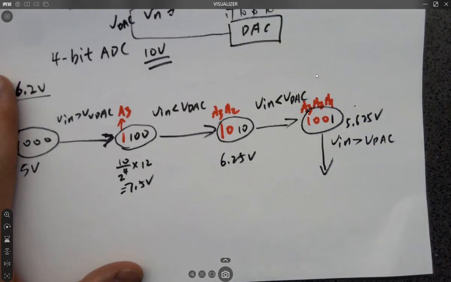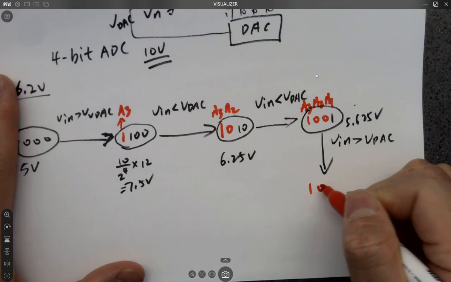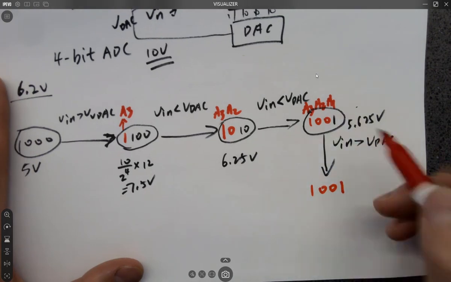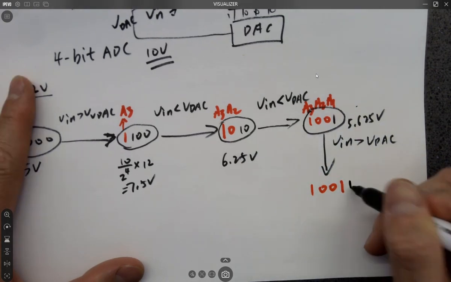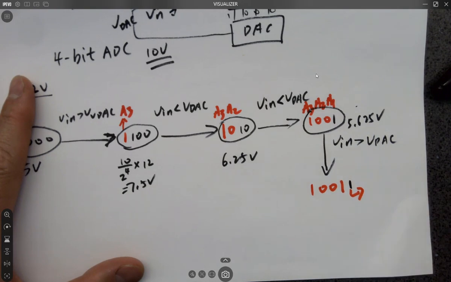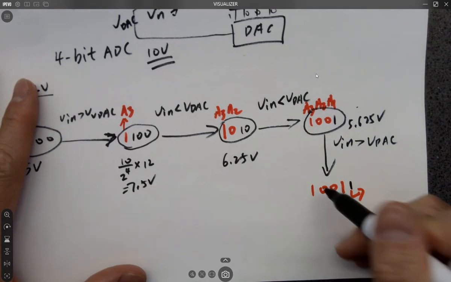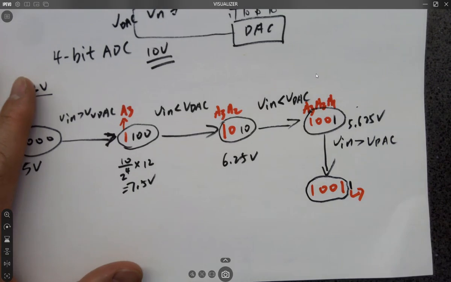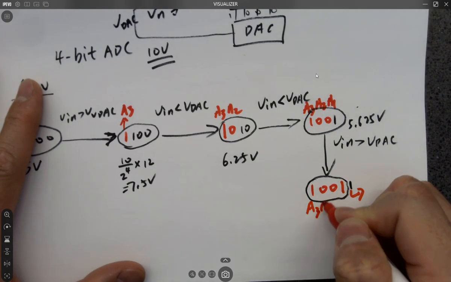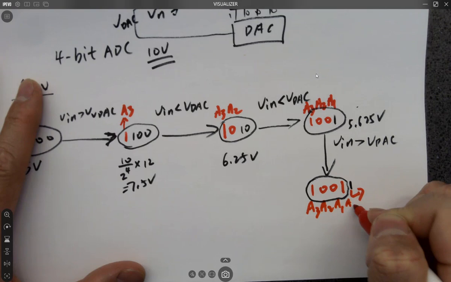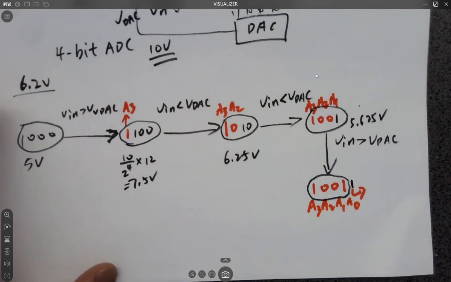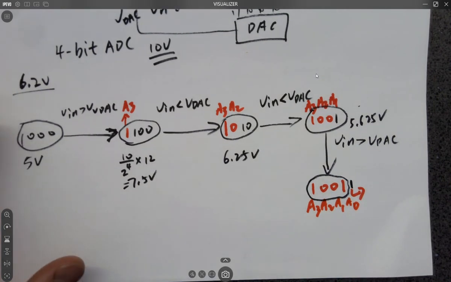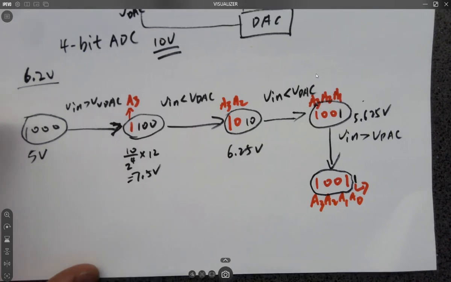So we're going to keep that 1, and this one is shifted out. It's gone. And keep these codes, and eventually this is A3, A2, A1, A0. These are all the comparator's outputs that form this final SAR ADC's output.